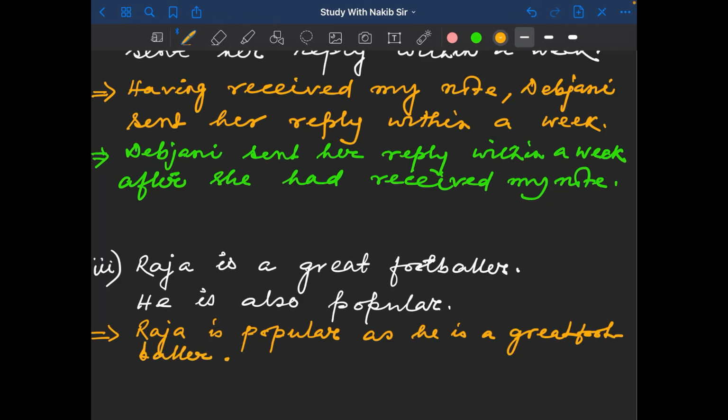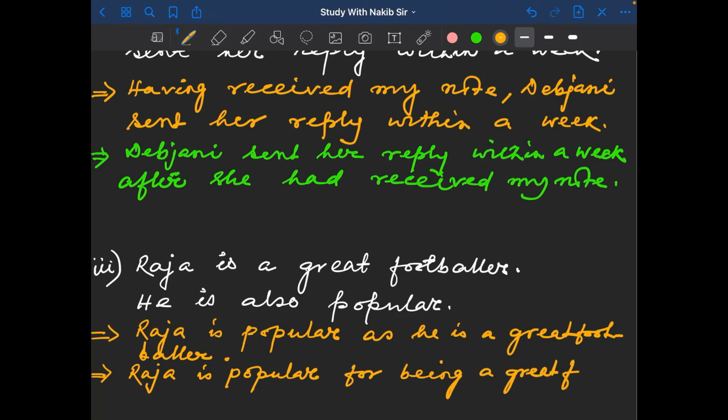Okay, you may write this way. You may write another way, that Raja is popular. Why? For being a great footballer.